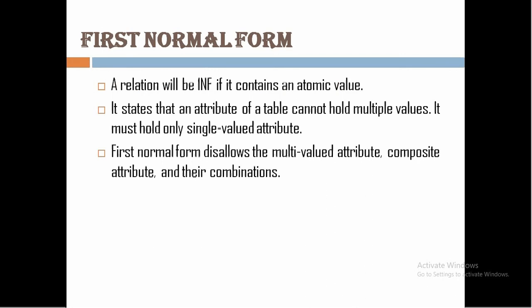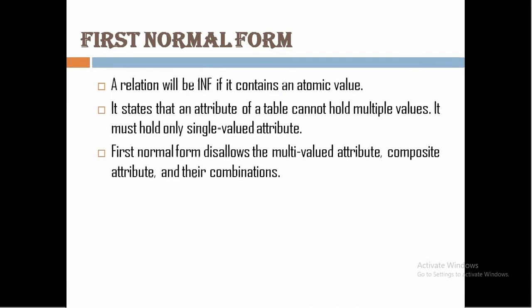Now, a relation is said to be in a particular normal form if it satisfies a certain specified set of constraints. There are various normal forms in database management system.